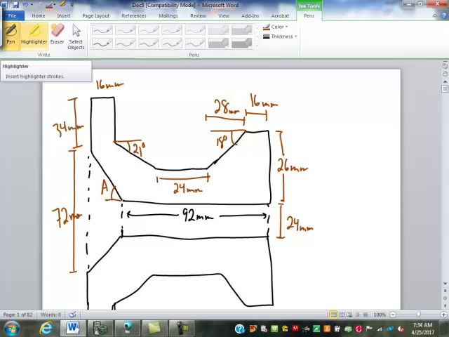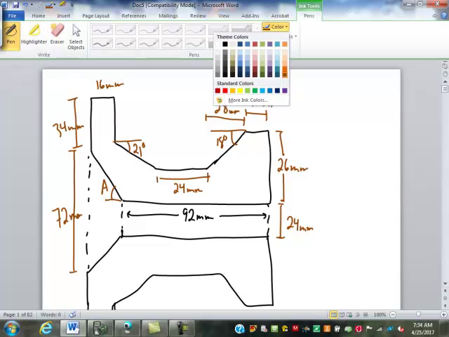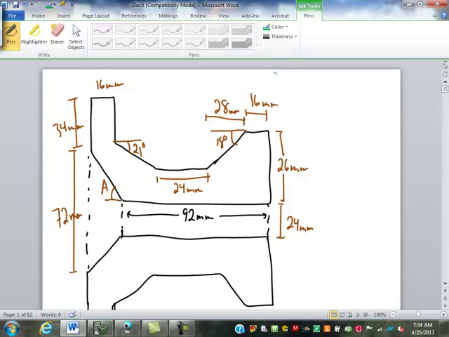So to find A, well, I know I can find this dimension right here. How can I find that dimension there in green?